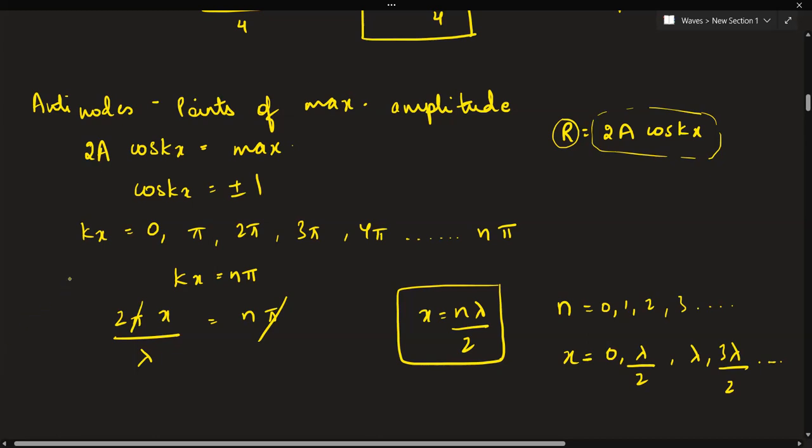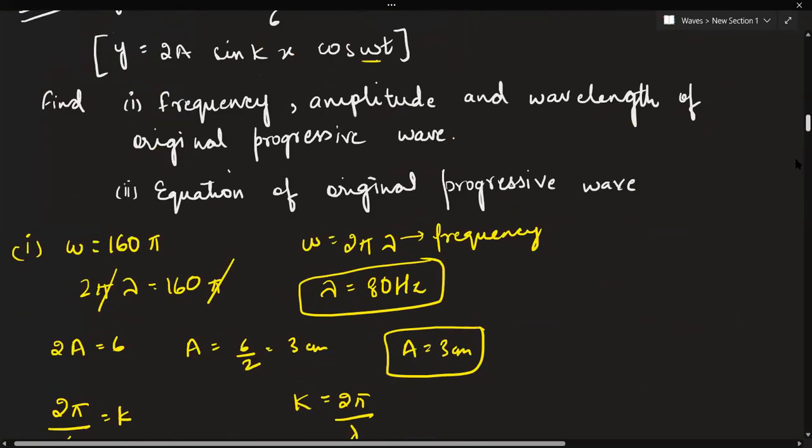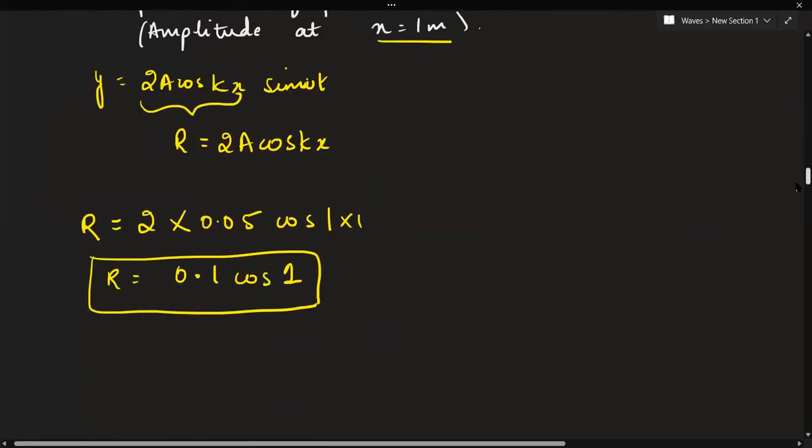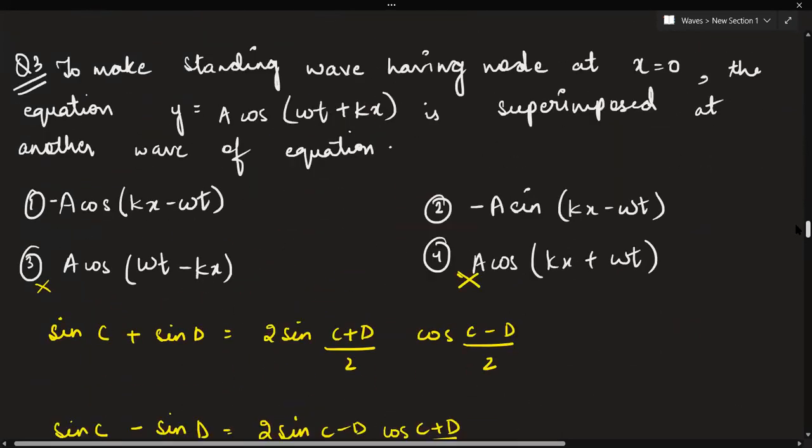Antinode. So this is a function of cos. So if the question is asking us for a node at x equals 0, it will be the opposite of it, the reverse of it. That is, we will be having sine in our equation. We want the final resultant equation to consist of sine. So in order to obtain sine, the two waves should have cos or sine.